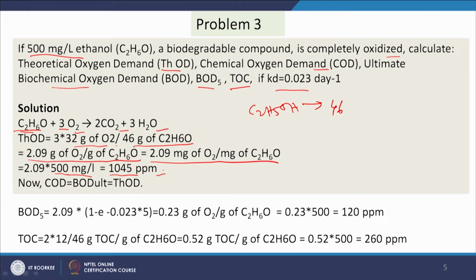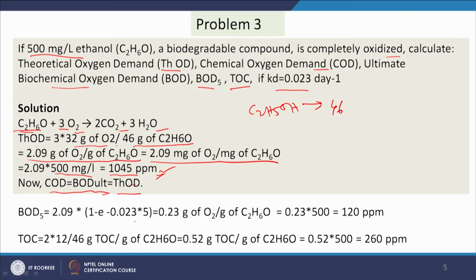Now, COD is equal to ultimate BOD, that is equal to theoretical oxygen demand. So, COD will be the same, ultimate BOD will be this one, and theoretical oxygen demand is also this one in this case. Then BOD 5 we have to calculate.